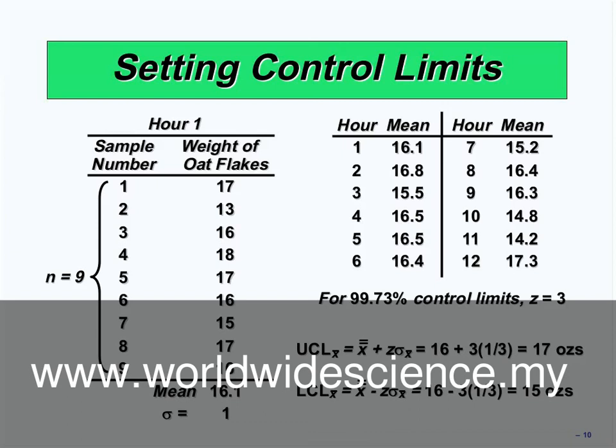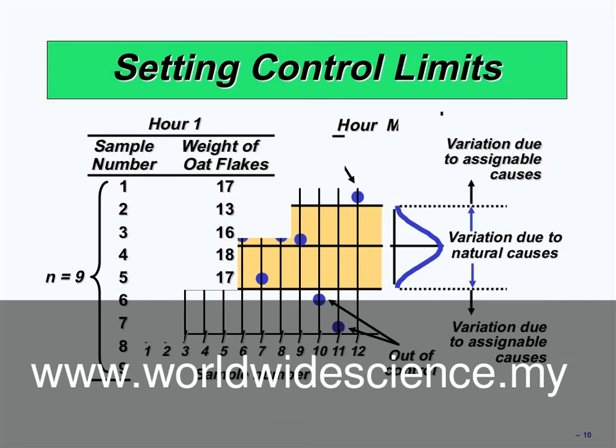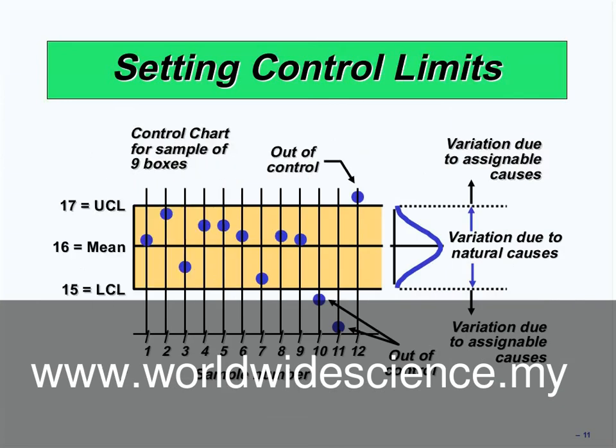The colored area is the limitation area, because they are between 15 and 17. These three numbers have not followed this limitation, so the process is not controlled.